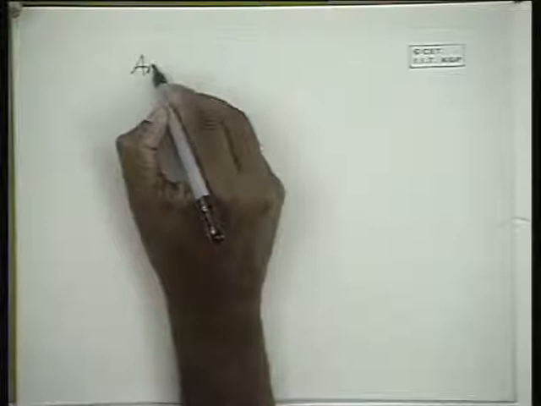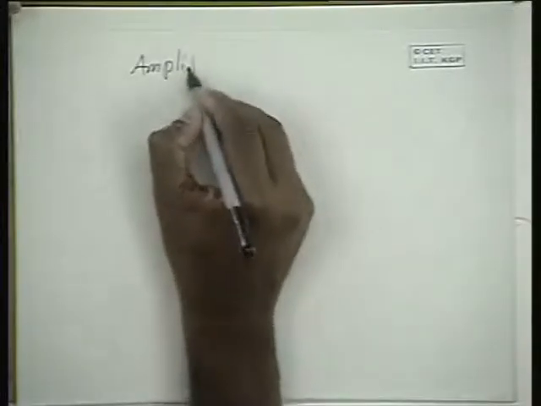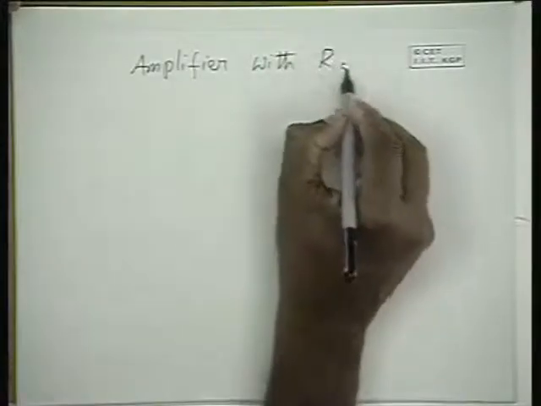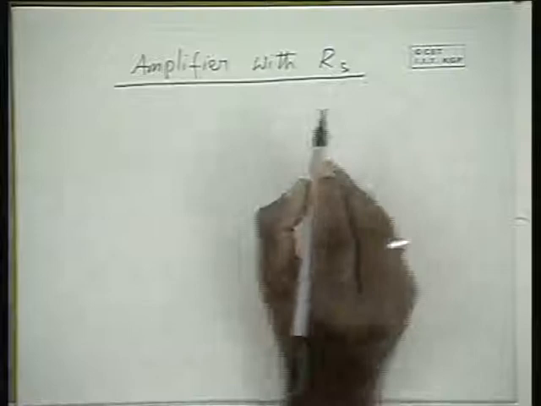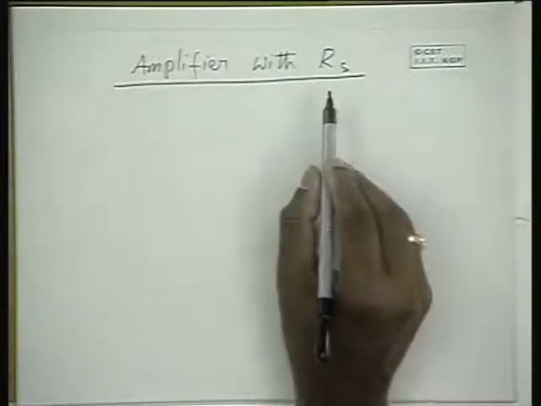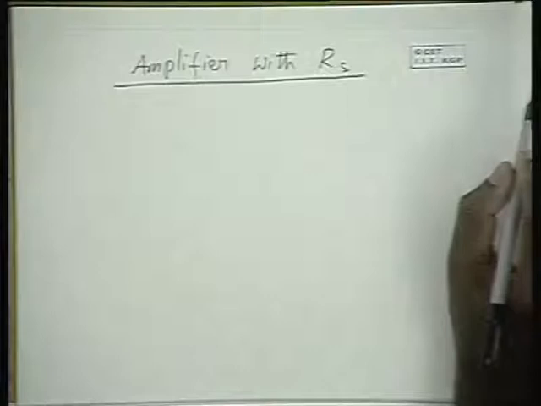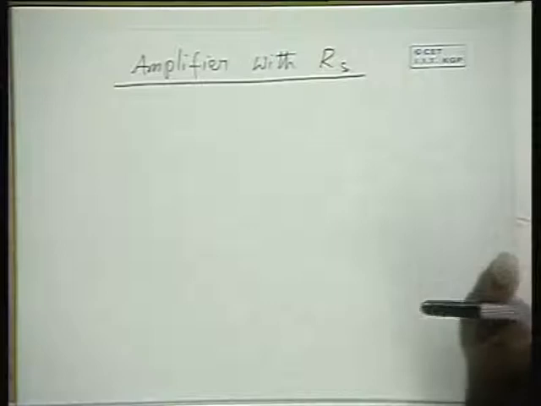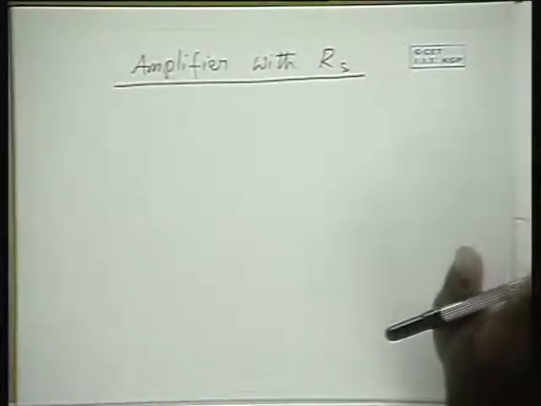Now, let us consider an amplifier with the source resistance. Please note that by providing the emitter resistance and without bypassing it, the voltage gain is reduced considerably in a common emitter amplifier.